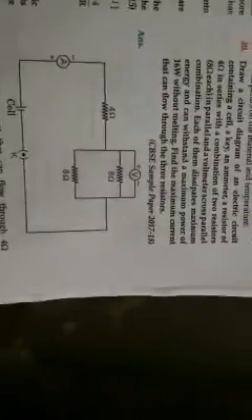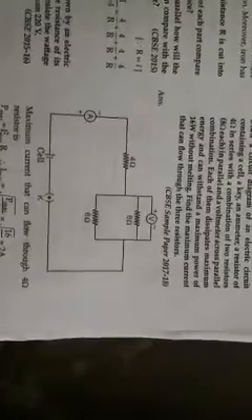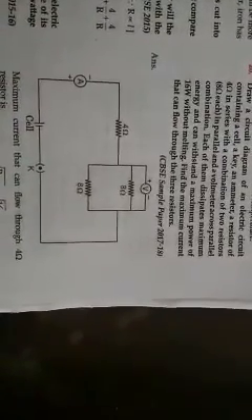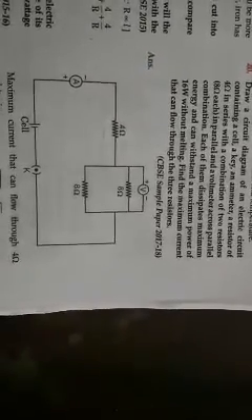Each of them dissipates maximum energy and can withstand a maximum power of 16 watt without melting. Try to understand the line: the 8 ohm resistors withstand a maximum power of 16 watt without melting. Find the maximum current that can flow through the 3 resistors. So maximum current they are asking. How to find maximum current?